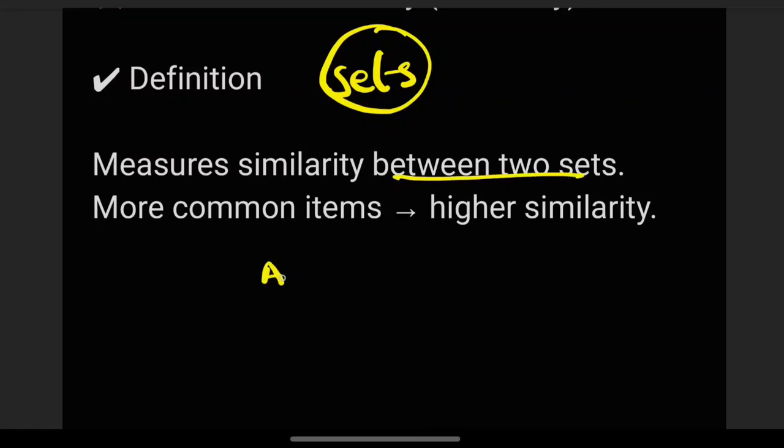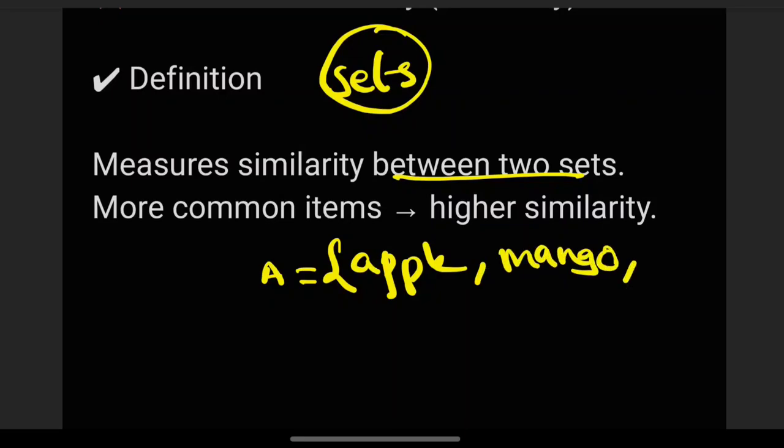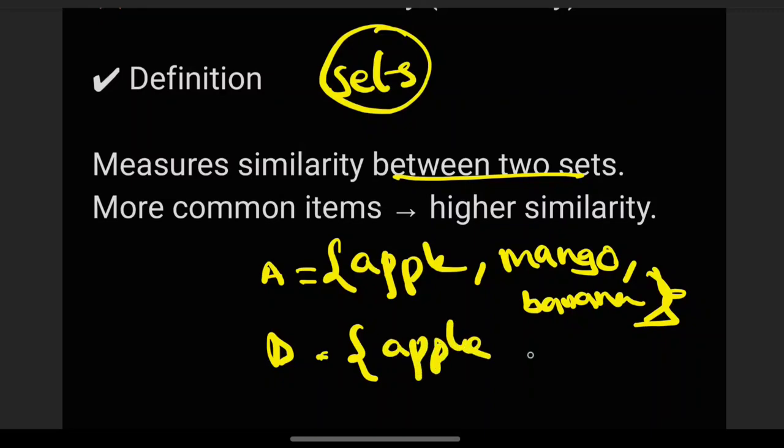For example, A has apple, mango, and banana. And B has apple, banana, and grapes.